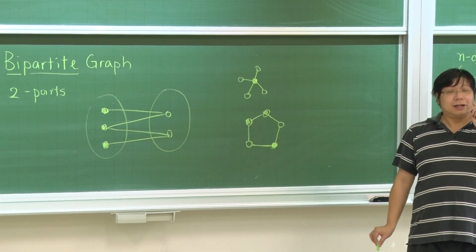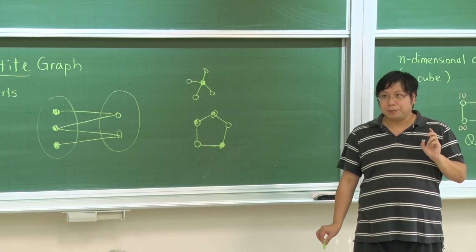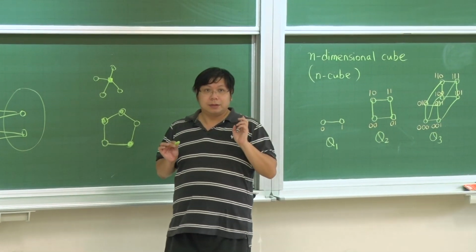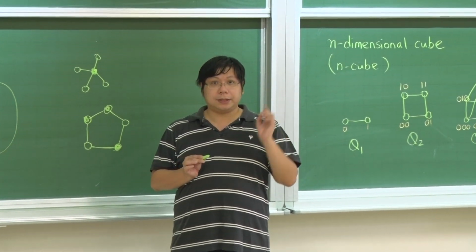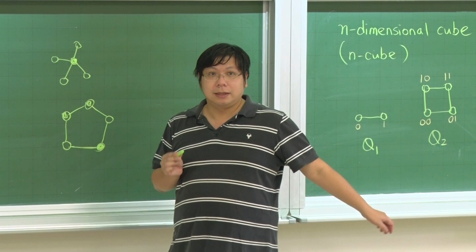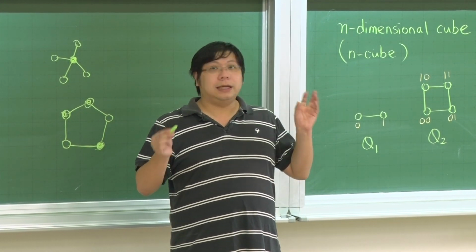Okay, now we don't have much time today. So here is my question for you. Suppose that your friend gives you a graph, and you want to check if this graph is bipartite. How can you do so very quickly? Is it possible to do this in linear time?